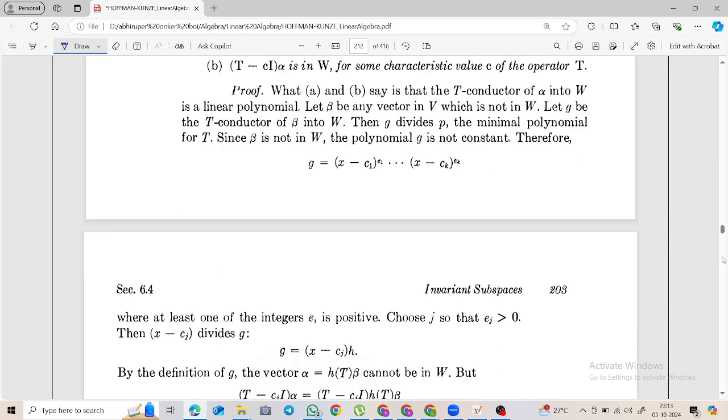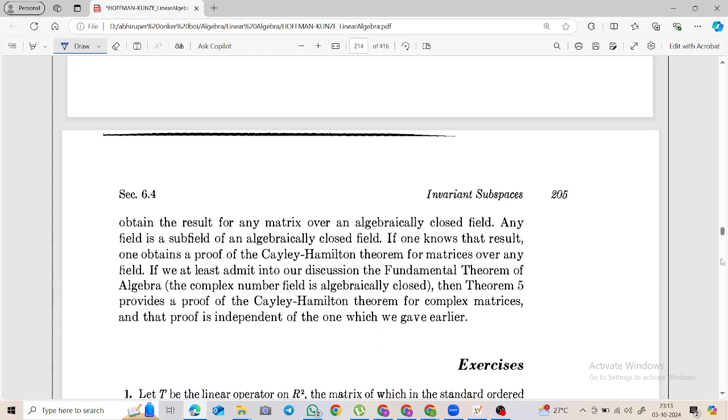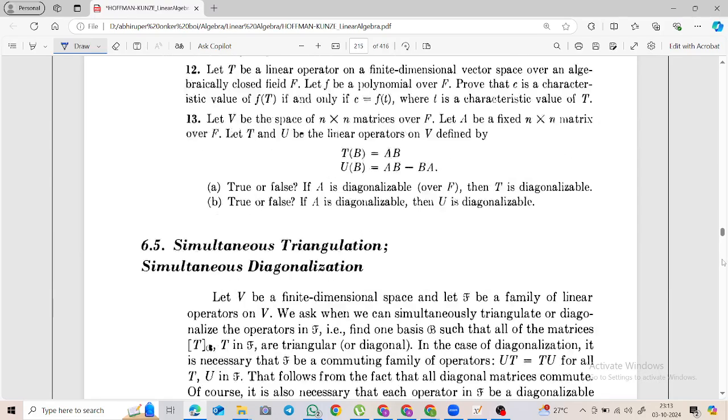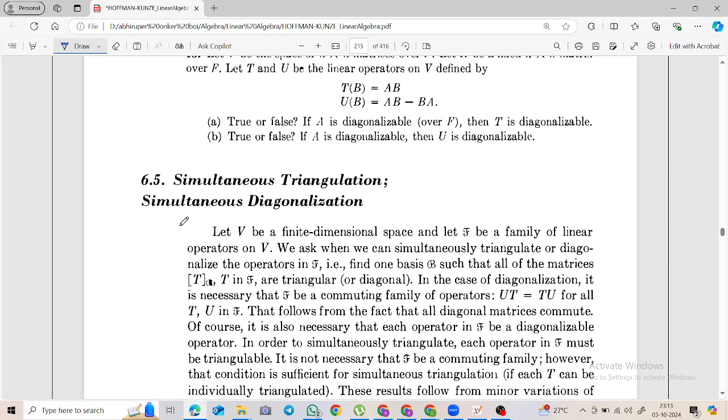Then we are going to do some more, but I think he is right in a way. Simon, 6.4 should be enough. From 6.5 it goes to Jordan canonical form. So what should we do?